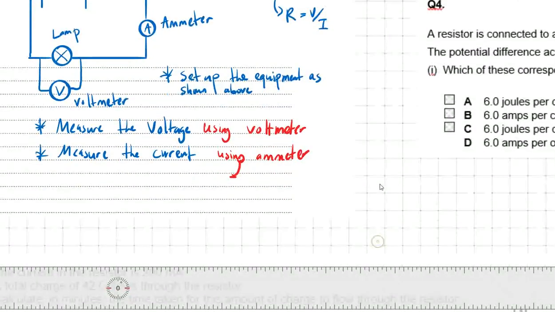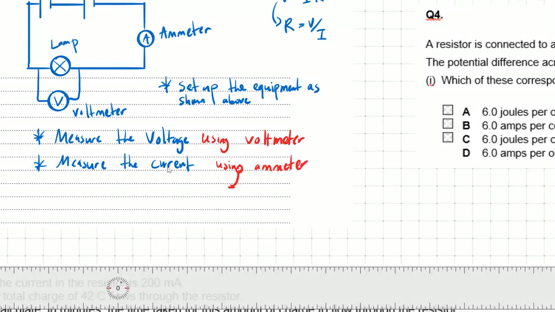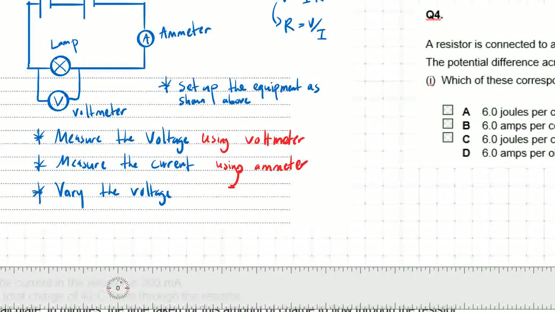If you remember when we did the practical, we were changing the voltage from the dial of the battery, or the power packs. In this case, what we are doing is increasing the voltage, so we need to vary the voltage. How are we going to vary the voltage? If you're using a power pack, you change the power pack.